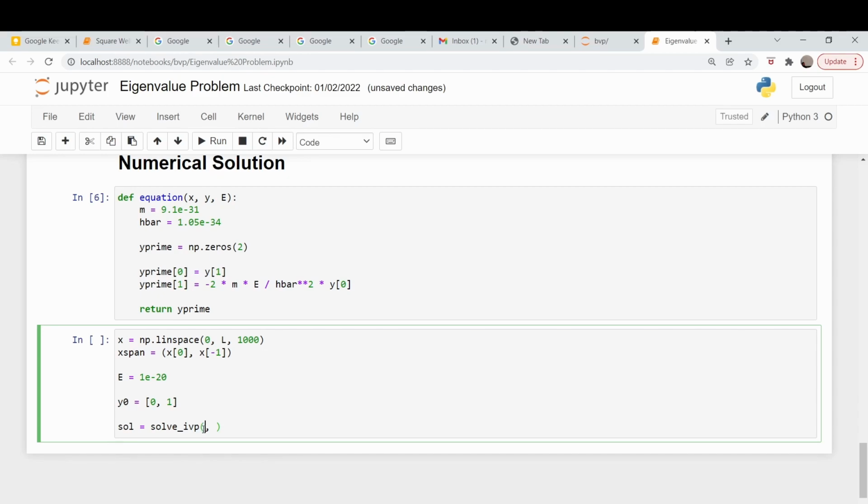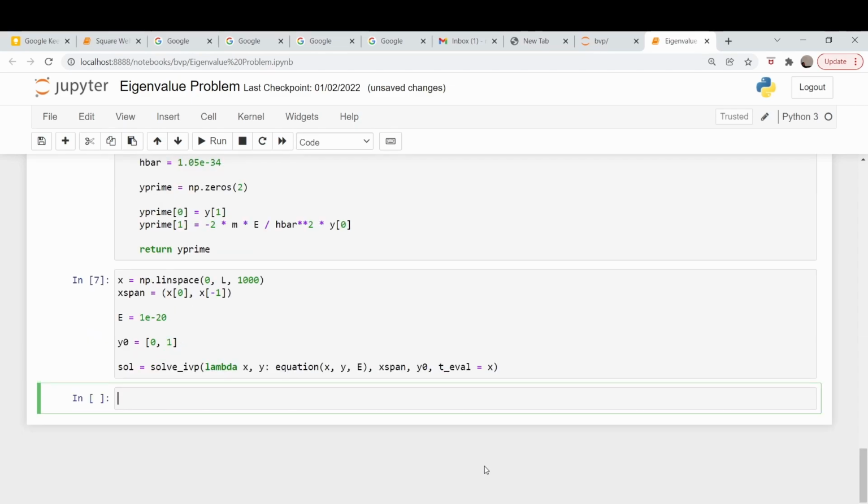So what we have to do instead is use a lambda here: lambda x, y equals equations of x, y and our value e, which is set here. Now we need to pass in our x span, our initial values, and we want the output at our x vector, so t eval is equal to x. That should run. It seems to.